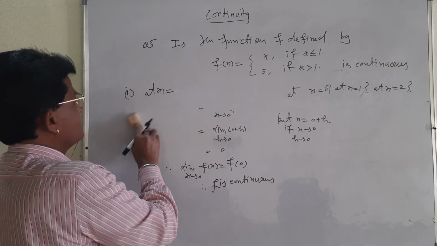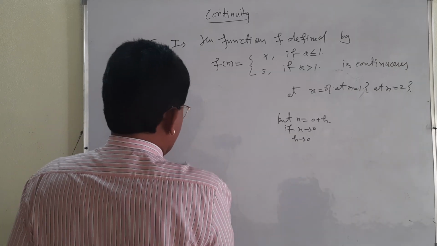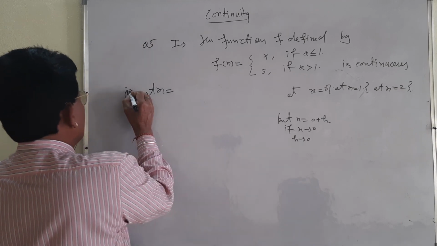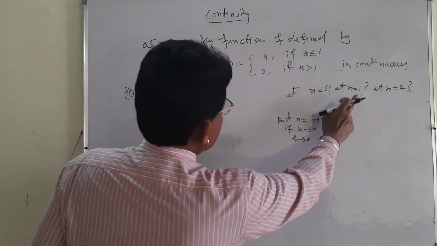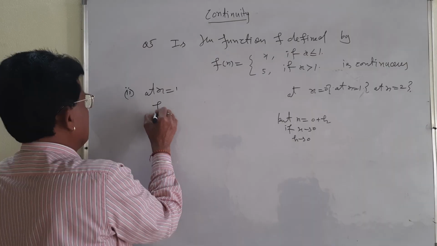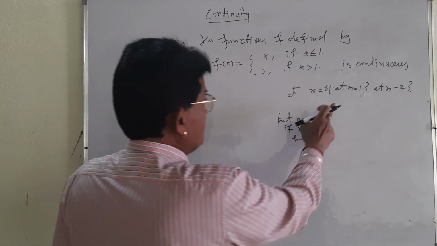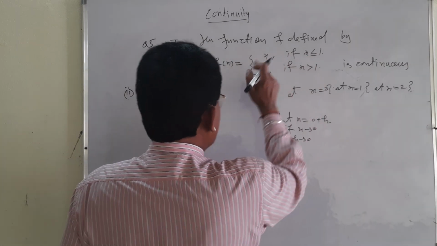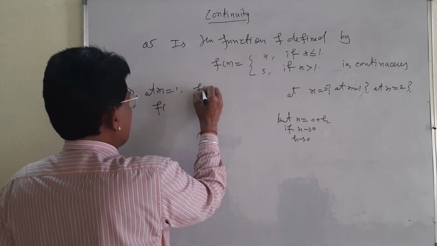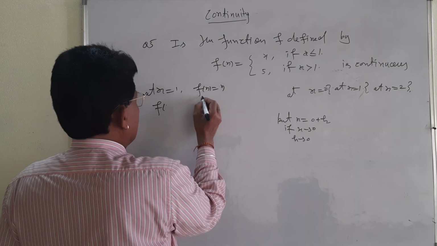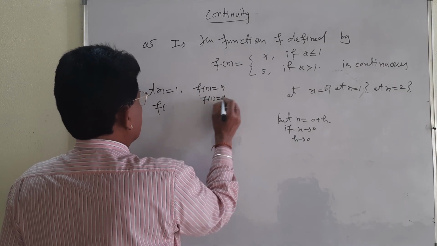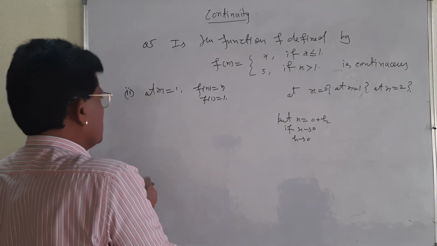Let me take now, what is the next point? Second point you take, my dear student. Try to understand. Second point will be 1. Then f(1): 1 is equal to 1, then this function will be there. f(x) will be x, and in place of x you write 1. Its value will be 1. Okay.